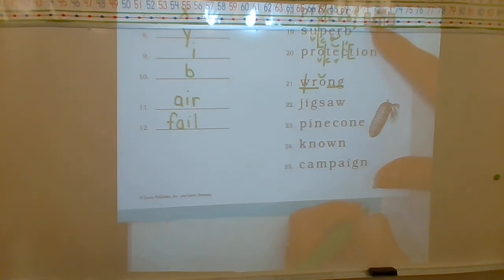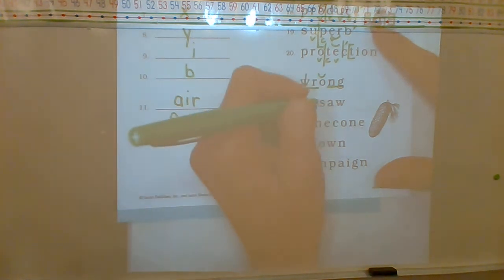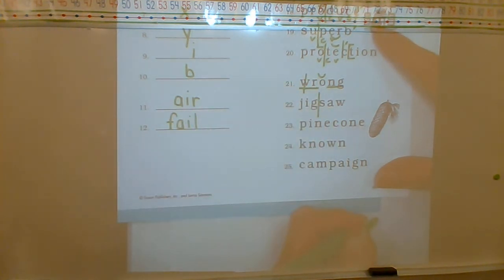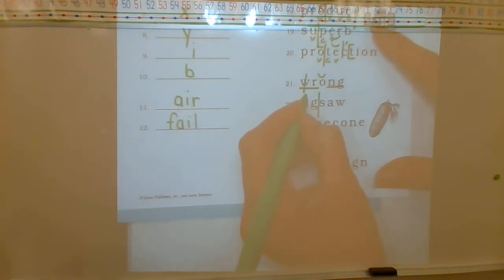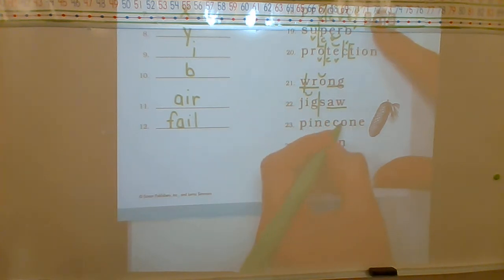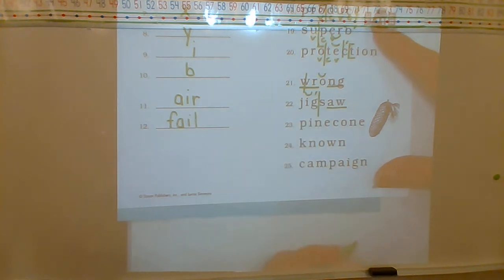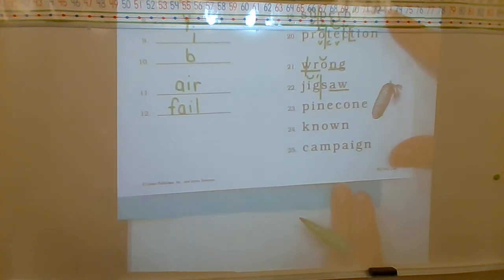Number 22 is a compound word. Divide it and code each side separately. Vowel followed by a consonant short sound and digraph AW. Accent on the first syllable. What's the word? Jigsaw. That's right. And maybe you've done some jigsaw puzzles since you've been home.